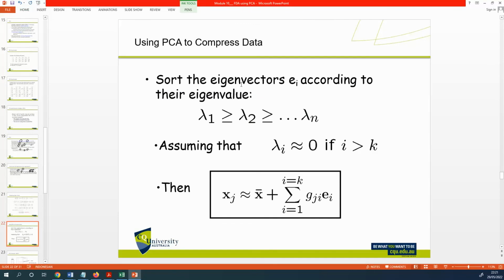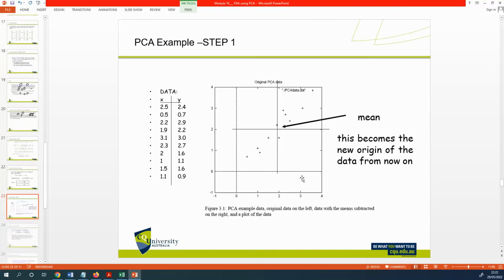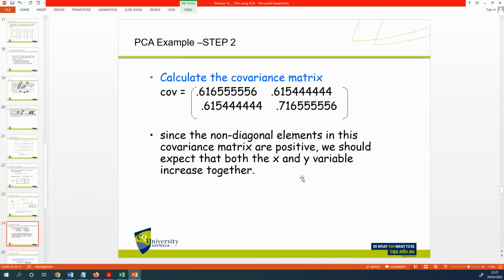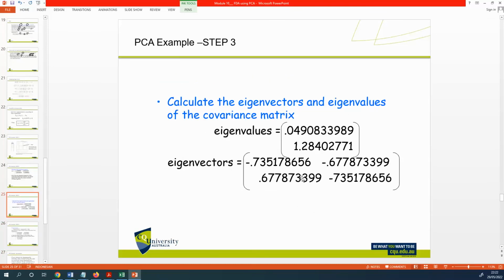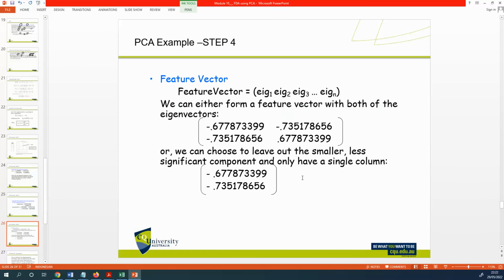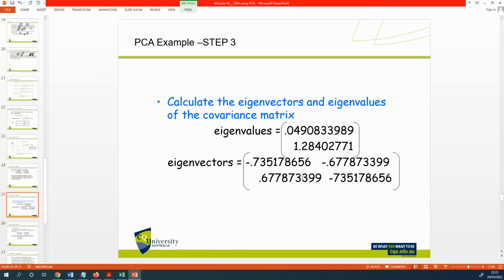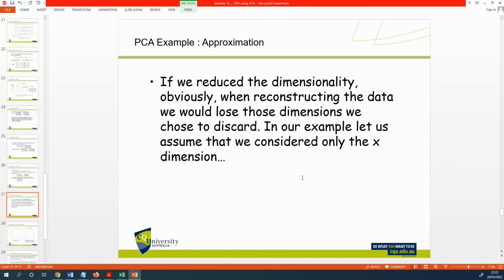So we sort the eigenvectors according to the eigenvalues, and we have the eigenvalue and eigenvector. Then if we are going to reduce the dimension, obviously, when reconstructing the data, we lose those dimensions.